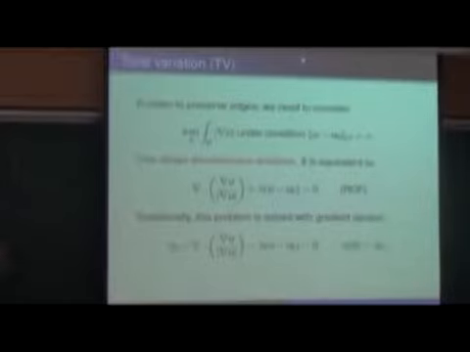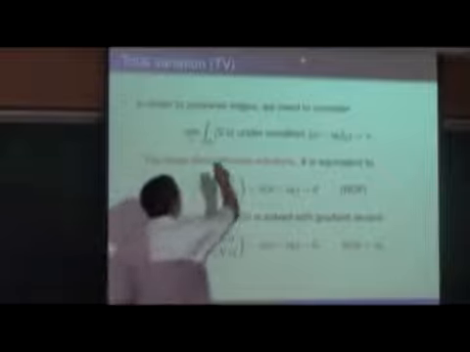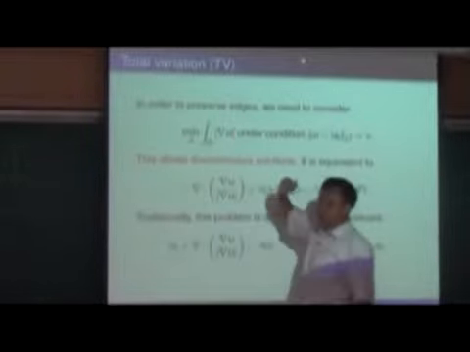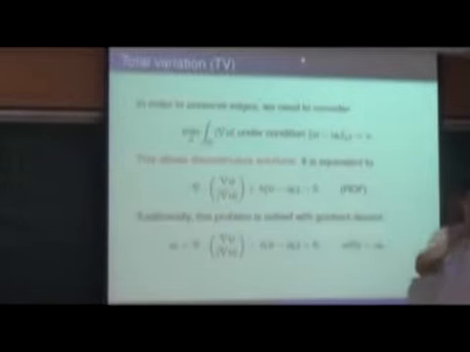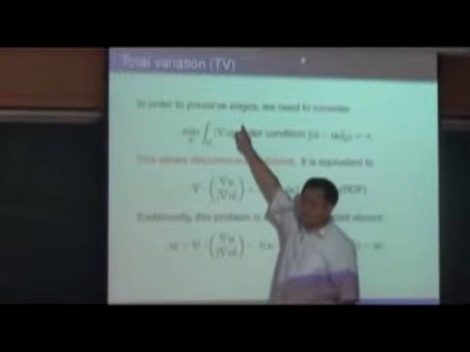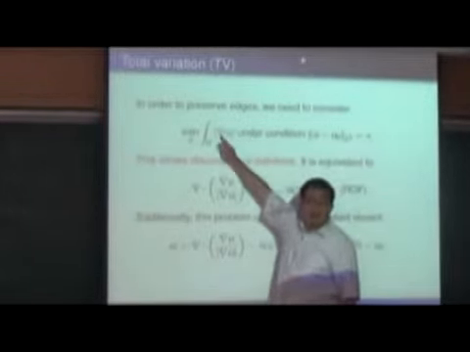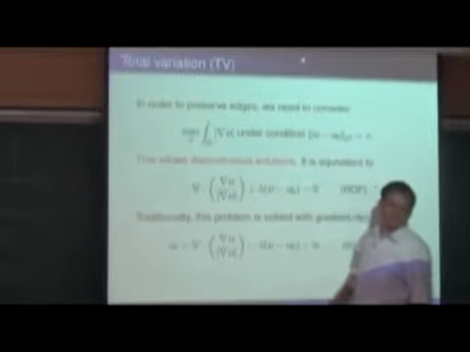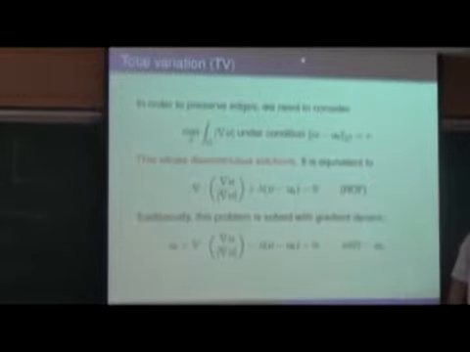This is essentially the Rudin-Osher-Fatemi model. Originally we put the square here, and the square will not allow discontinuous functions. But if we take the square away, if you minimize the total variation, this will allow discontinuities.